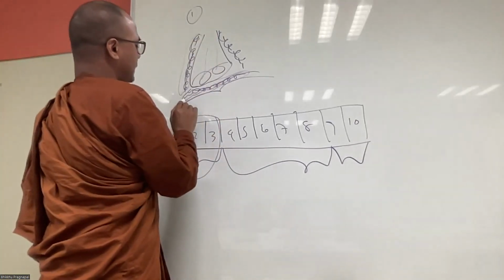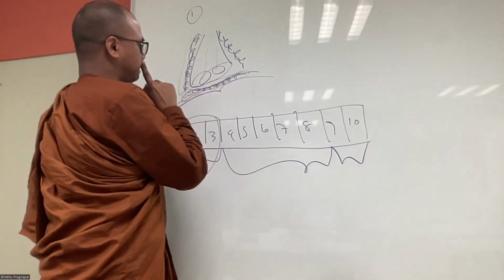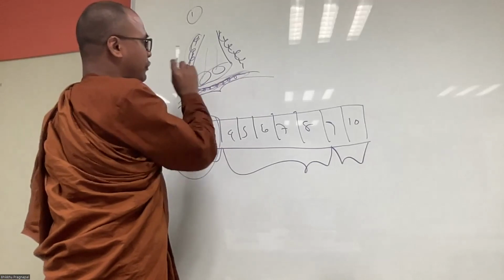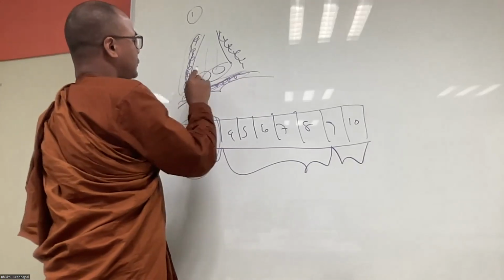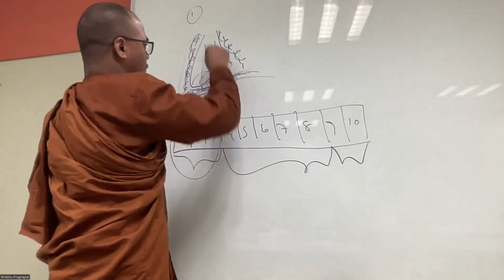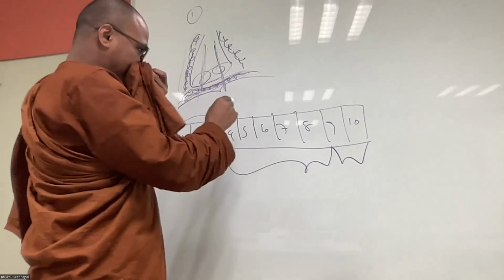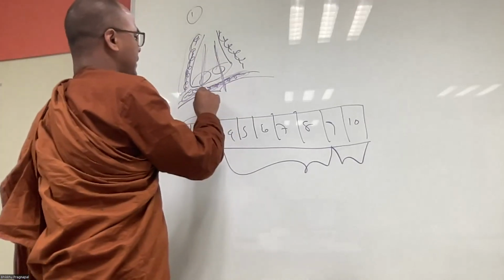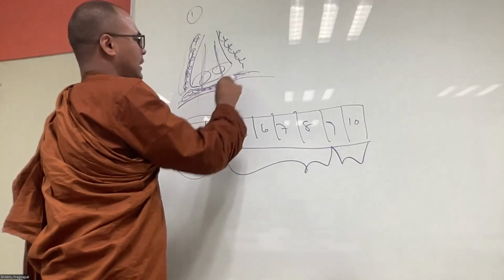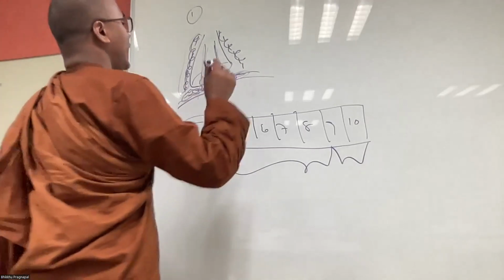But I'm saying you can pay attention here. If we follow his way, when the breath goes in and out, you will feel some kind of air touch here, and you can be aware of it. One way.